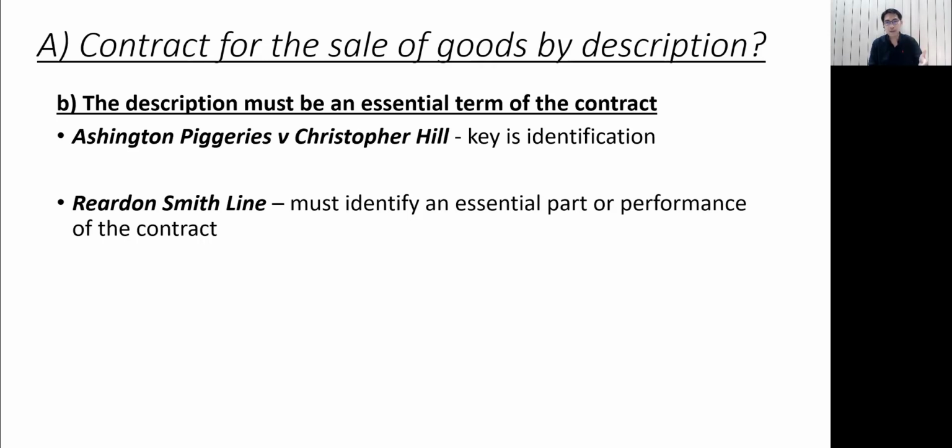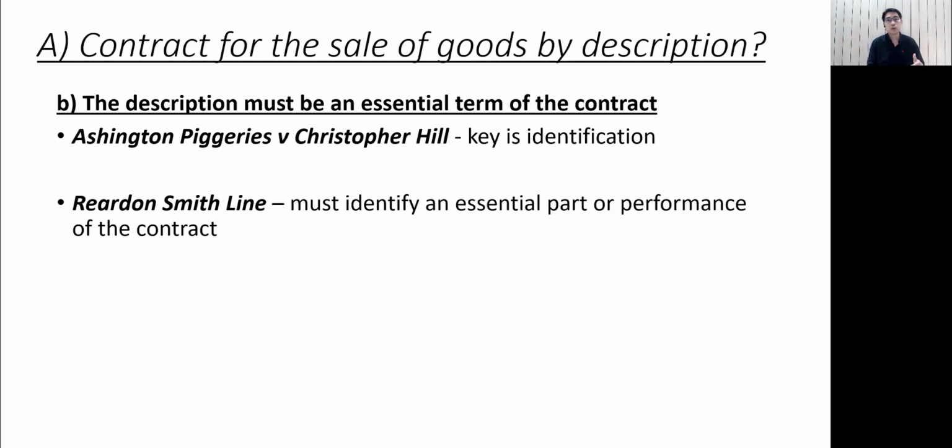It must identify what the goods are. That is what these two cases are about. Now, these two cases are actually not on the CRA. As you would know, these are cases under SOGA, Section 13, but it's fine. We can use them, as the interpretation of Section 13 for description has the same meaning or application for description within CRA.